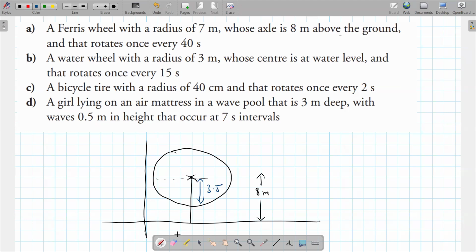What will be this distance here? That is going to be 8 minus 3.5. Do you agree that that's the minimum point of the Ferris wheel? So that's at 4.5 meters. This is at 8. What's the maximum height of the Ferris wheel?